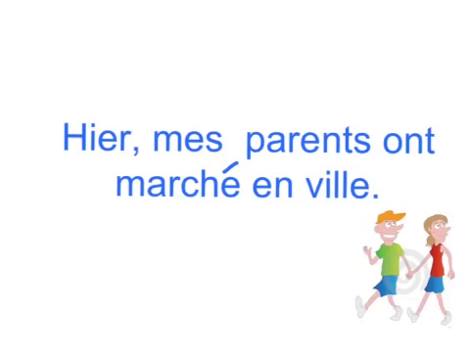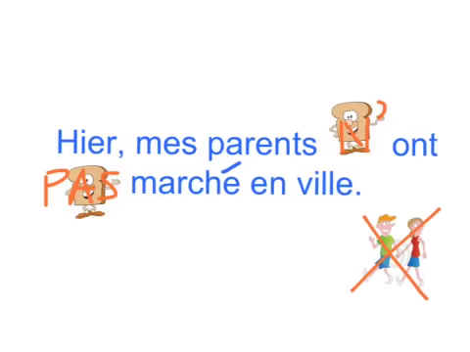And to negate this, we're going to find the auxiliary and have Hier, mes parents n'ont pas marché en ville. And you always want to make sure to create your liaison here because you have to smash them together.